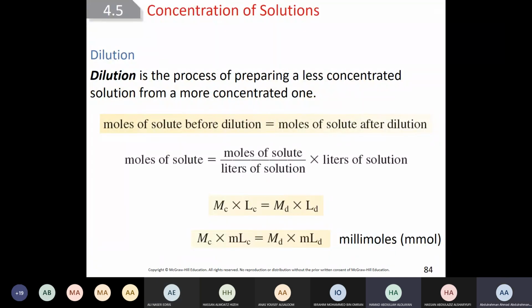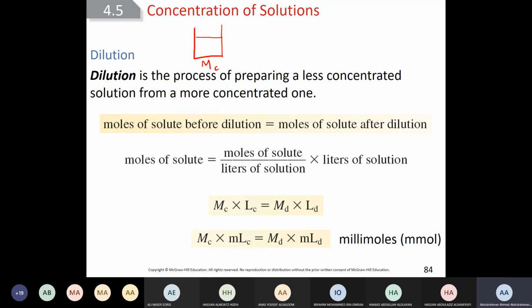Now let's have something else. If we have a solution, I will call the molarity of this solution MC. This is the molarity. I have a solution, and I know the molarity is equal to MC.